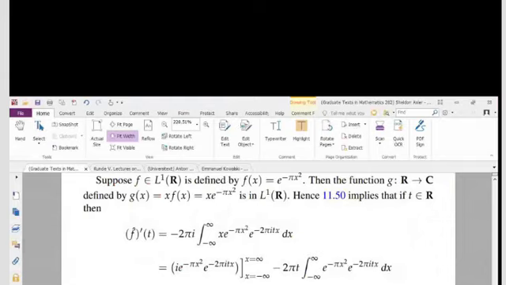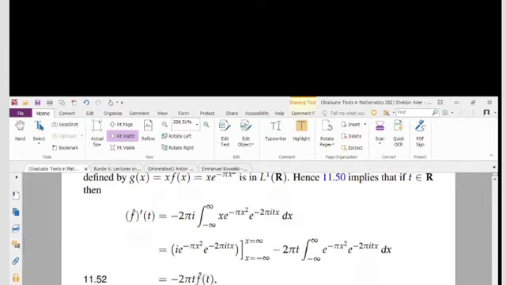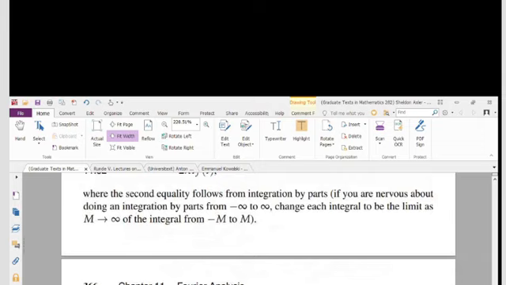So we have this equality, f hat prime of t equal to this, and f prime of t equal to this.